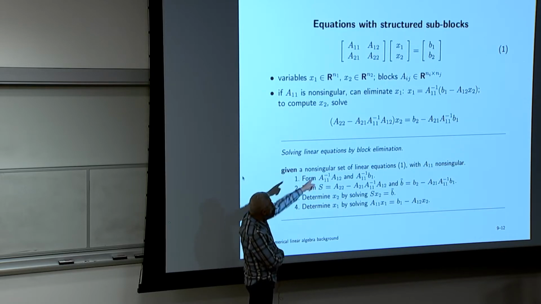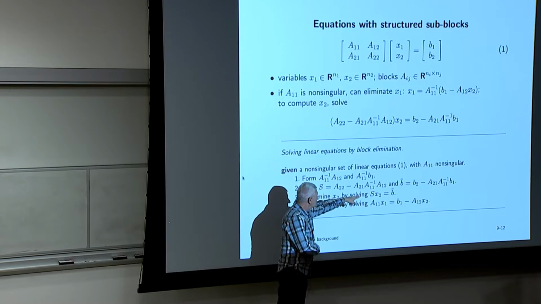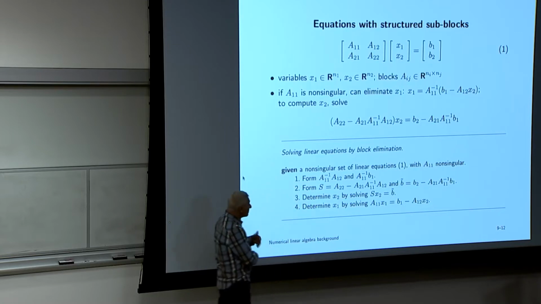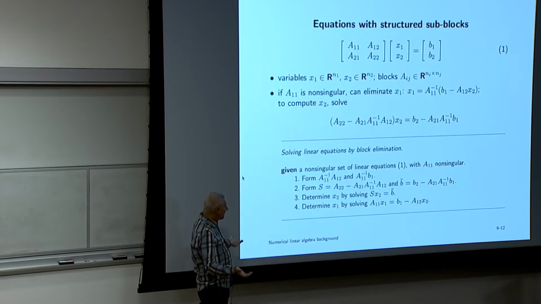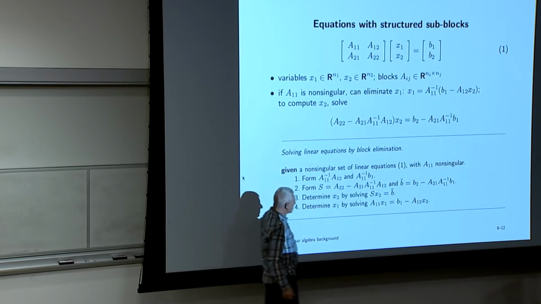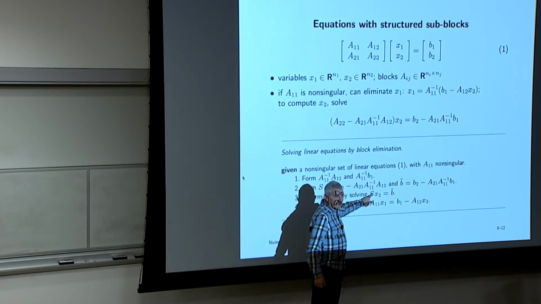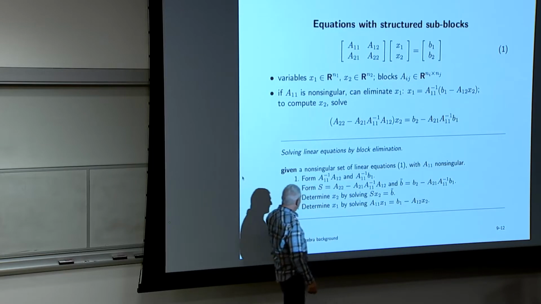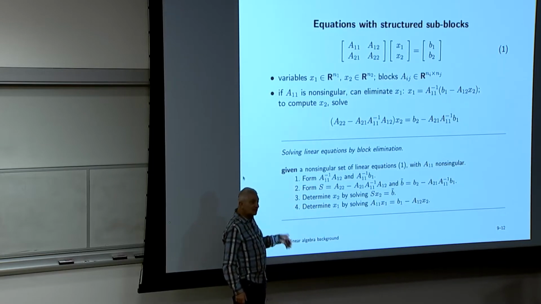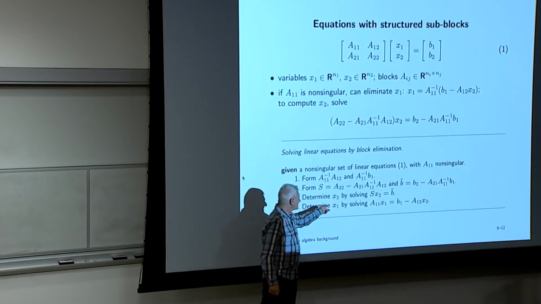And I form this B tilde over here, which is the right-hand side of this equation. So this equation up here is Sx2 equals B tilde. Then I do a factor on S, then a back solve, and then I can reassemble. This gives me X2 directly, and I can get X1 from this equation here.